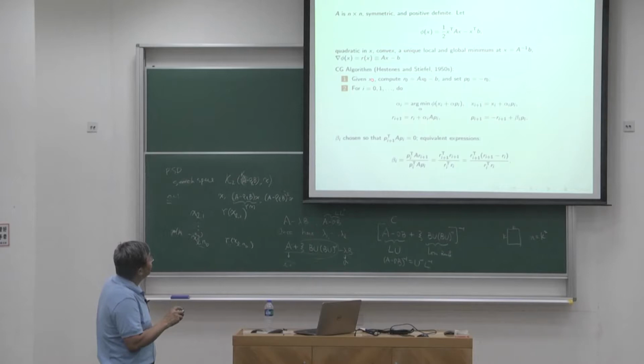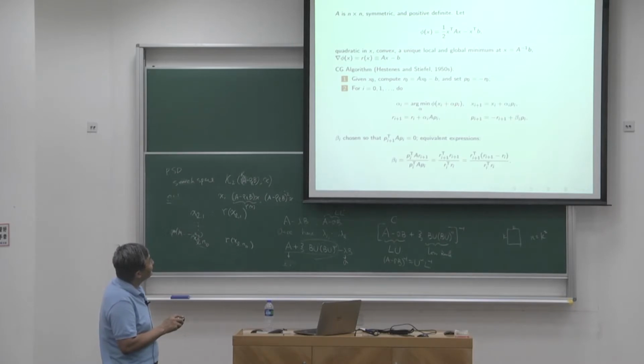You start by computing the initial residual. The first direction, because it's just the beginning, is the opposite direction of the residual. Every step is a line search, minimizing the function value along the line. P0 is negative R0, and this alpha i is the minimizer.